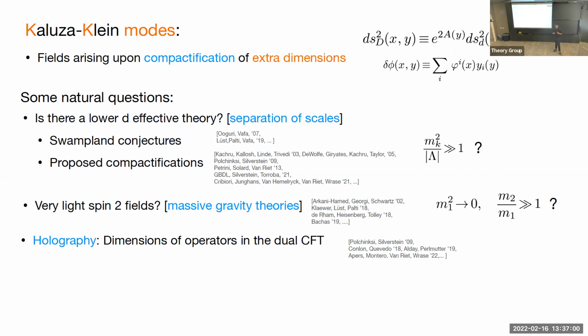And this question is named the problem of scale separation in compactifications, where a vacuum is said to have scale separation if there is a high hierarchy between the masses of the Kaluza Klein fields and the scale of the cosmological constant.